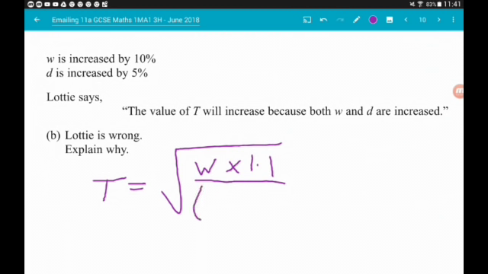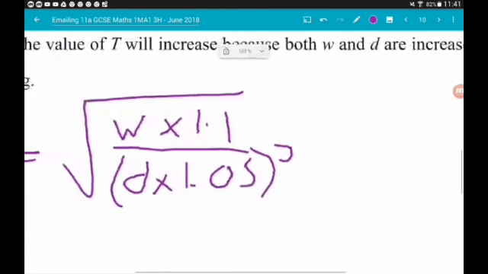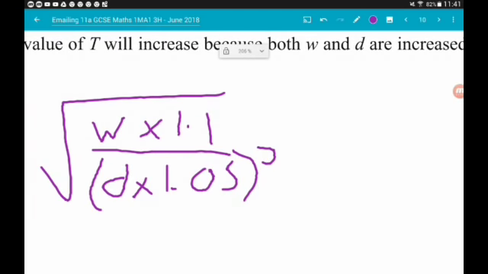So if we increase D by 5%, we could write that as D times 1.05, and that is all cubed. Now, what we can do is split up this fraction.